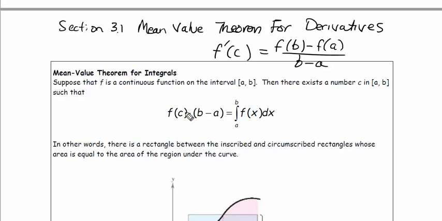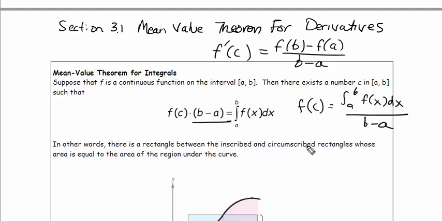So if I divide by this right here, I have f of c is equal to the integral from a to b of f of x dx divided by b minus a. So this is a very similar theorem to the mean value theorem for derivatives.